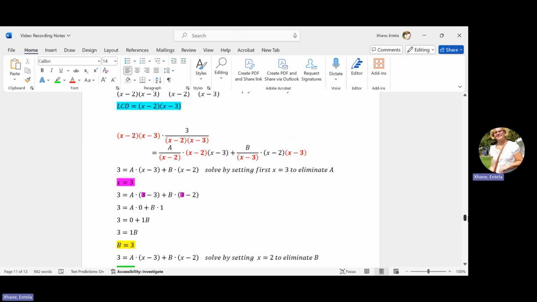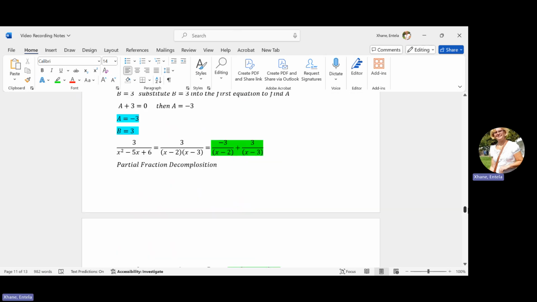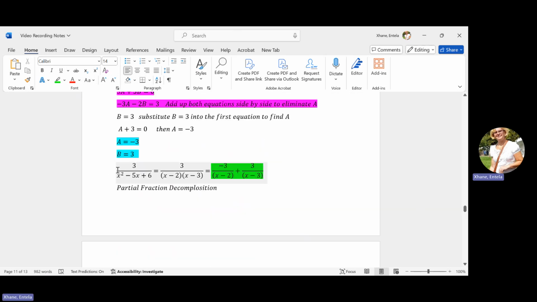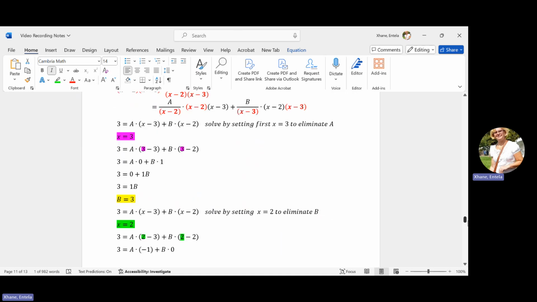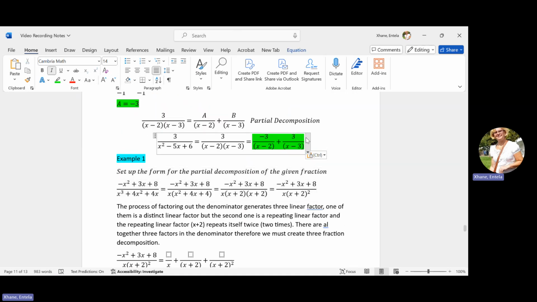The way we did write the partial decomposition at the end for the previous result, where a is substituted by -3, and then, of course, b is substituted by 3. So you start with 3 over x squared minus 5x plus 6, and then you decompose into -3 over x minus 2 plus 3 over x minus 3, and that's the final answer.